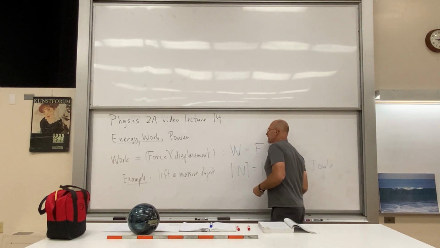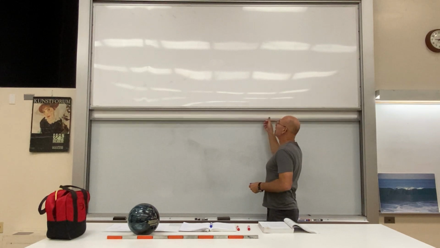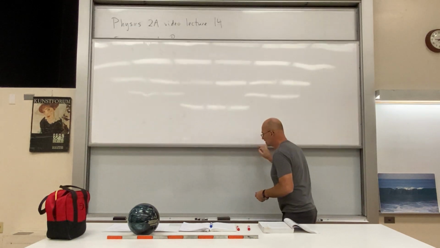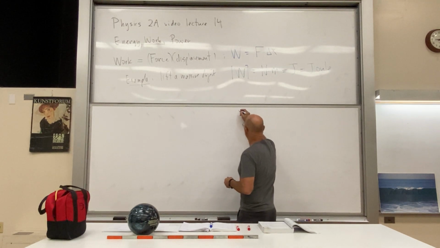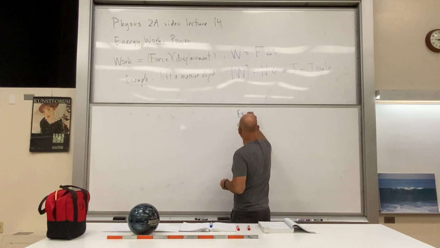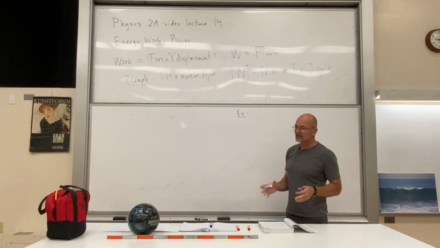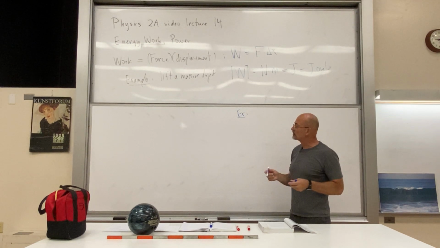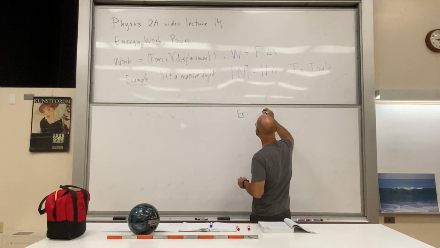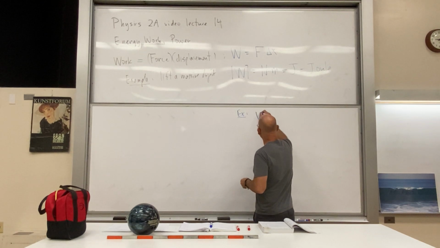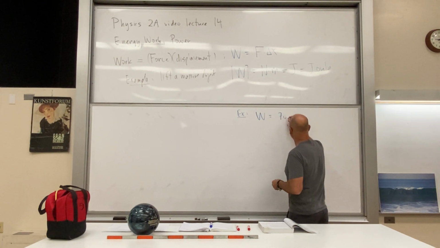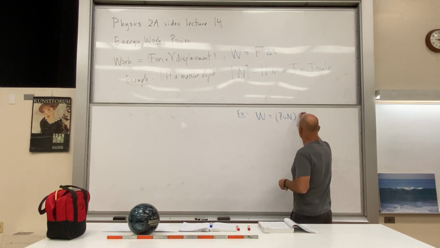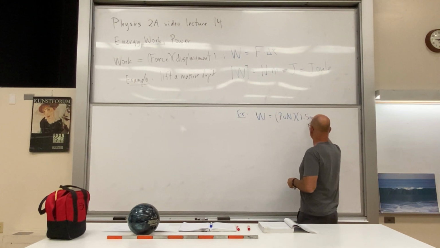Good. And in my example, I could lift the ball off the floor up to my head level, that would be 2 meters, but I'll just put some numbers in like this. Example, work is equal to 70 newtons times, say, 1.5 meters.